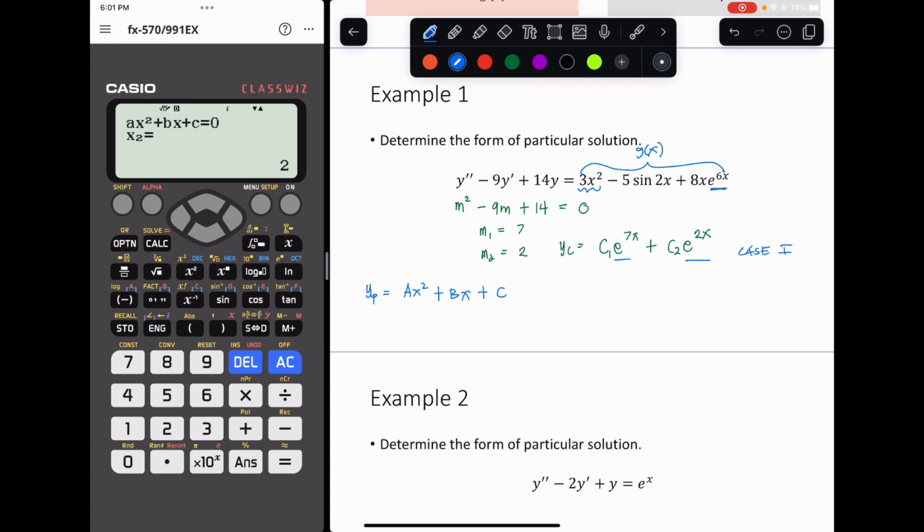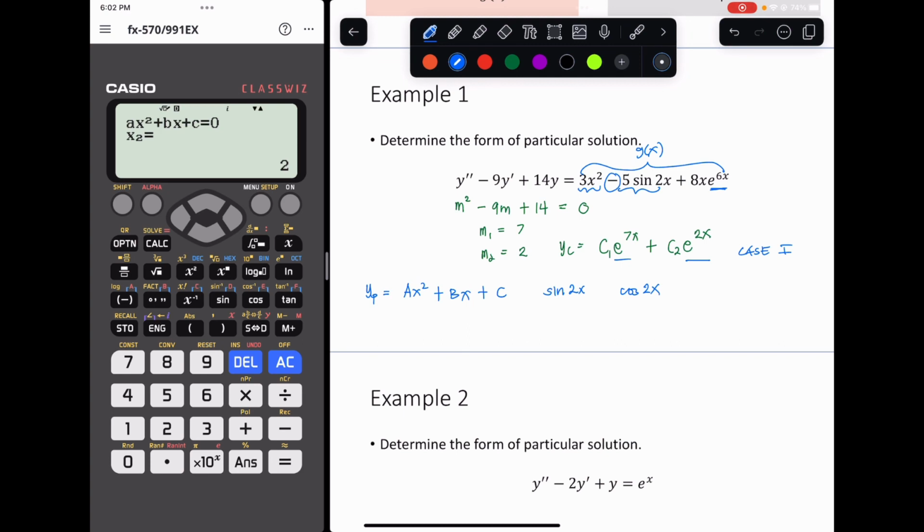For the second one, we have the negative 5 sine 2x. When we say sine 2x, there should be a cosine as well. So that would make it sine 2x, and there should be a cosine 2x as well. By the way, for our particular solution, everything should be positive. Although we are given a negative here, when we write our particular solution, we do not follow that sign.